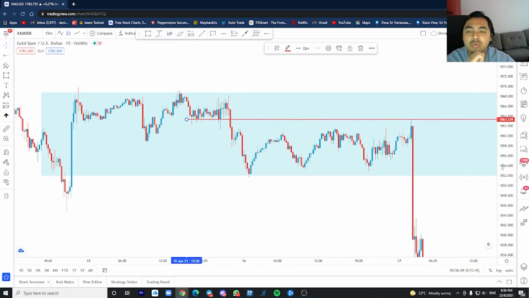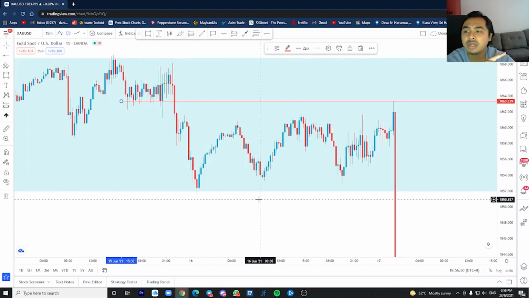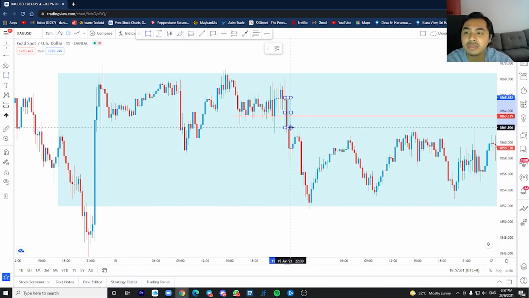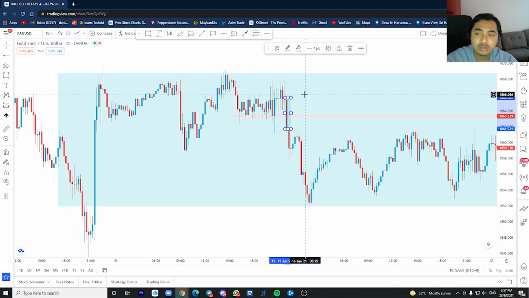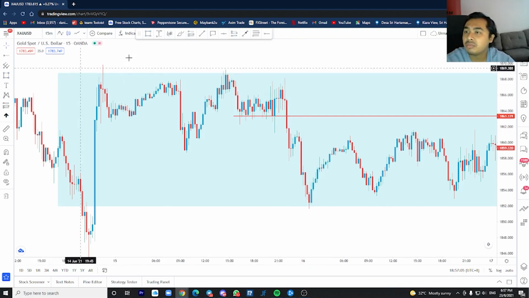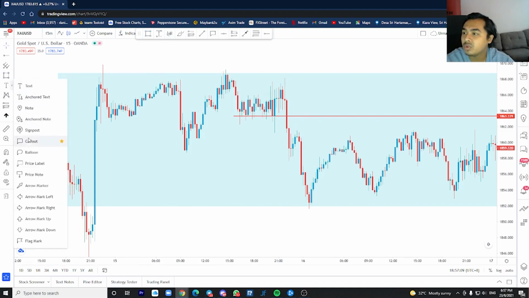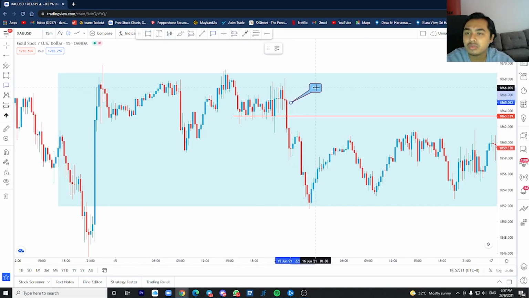Okay. Number two, what we need to indicate is basically where price makes a breakout from the level of consolidation or sideways area. So we can make an assumption that this very candle is where price makes the breakout. All right. So we have our number two. Price makes a breakout candle. So let me use this thing over here called the call out. So over here, put it here.